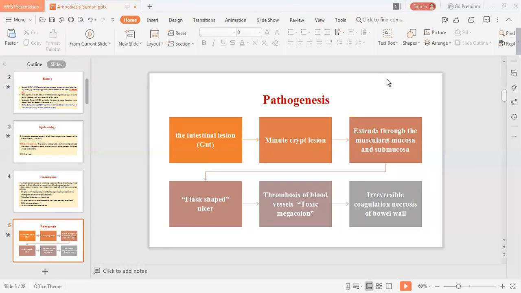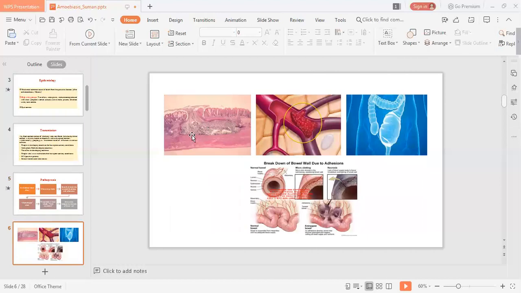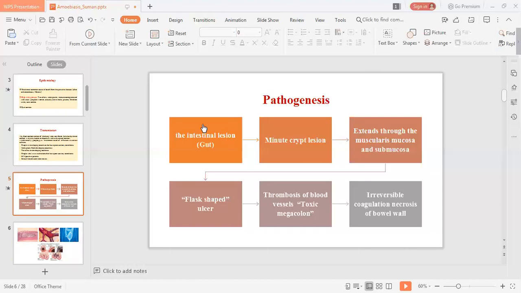After that, you can see minute crypt lesions at the large intestine, which then extend through the muscularis mucosa to the submucosa, where you can see this flask-shaped ulcer. Here you can see a picture of the flask-shaped ulcer at the submucosal layer, and then development of thrombosis of blood vessels as well as toxic megacolon.